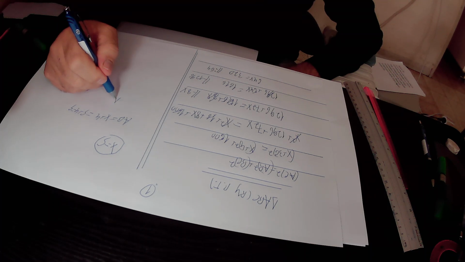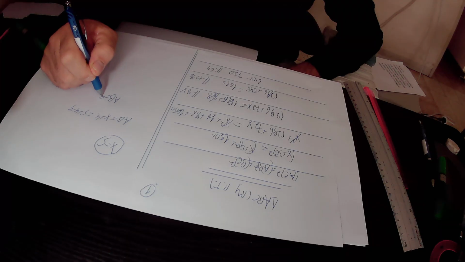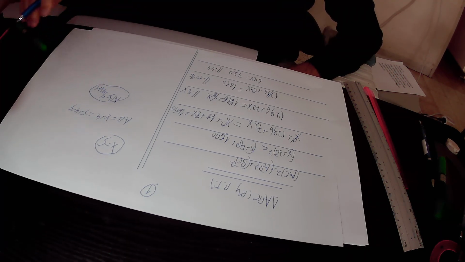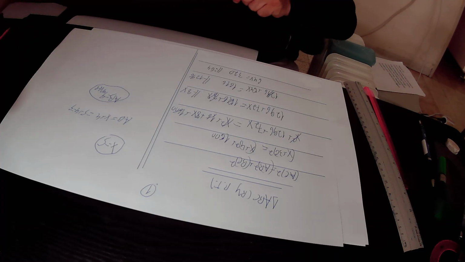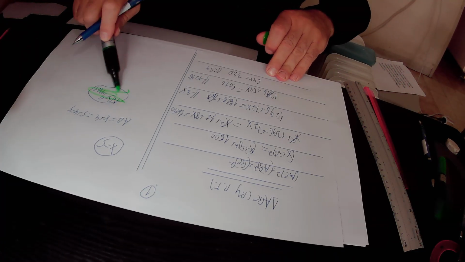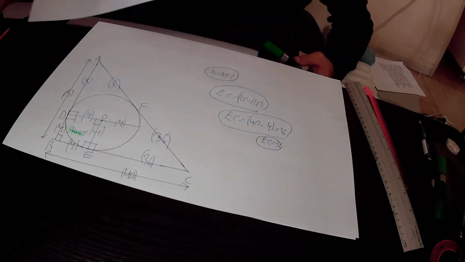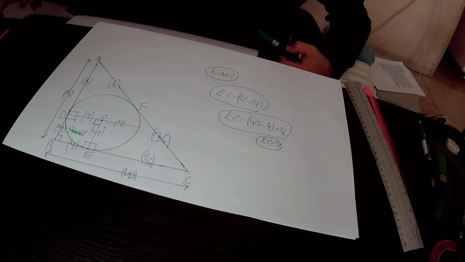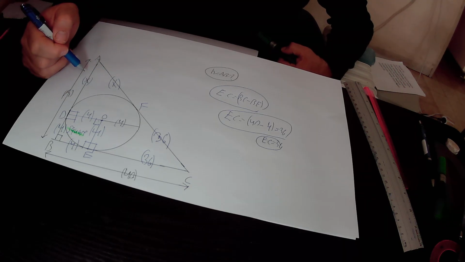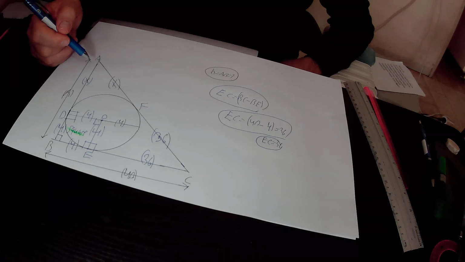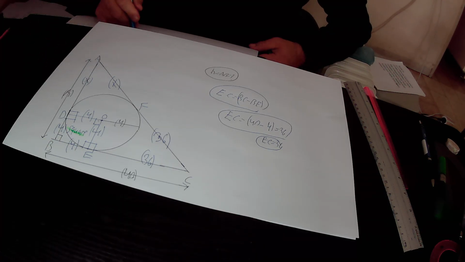So in total, we found that the length of side AB of the right triangle ABC is equal to 9 units. So we finish with the first question. The next step, I will present the second question, and we'll solve the second question of this lecture.